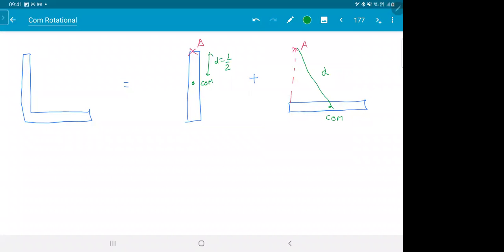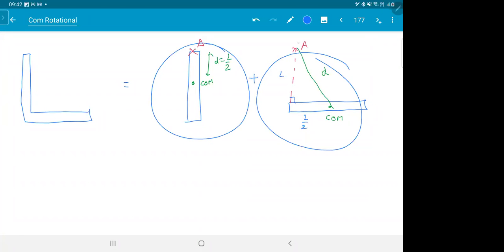You should always shift it from center of mass. This is L by 2 and this is L, a right angle triangle. From there you can find D. Now try. I'll give you 2 minutes again. If you can find for this rod and this rod and add them, that will be the answer.